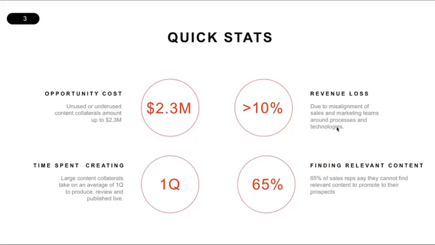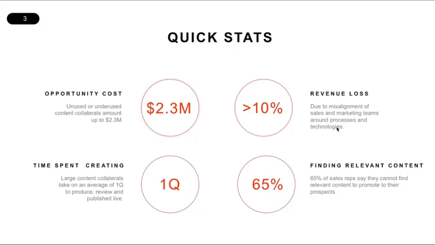So some quick stats on why there is a need, or what's the overall pain in the space of enablement. One of the stats that I'd like to draw your attention to is around the time spent creating, which is on average about 1 quarter for a lot of teams to create and publish content collaterals, with the majority of the pain point being across creating, which requires probably new systems or processes, and being able to push them on existing mediums for consumption.